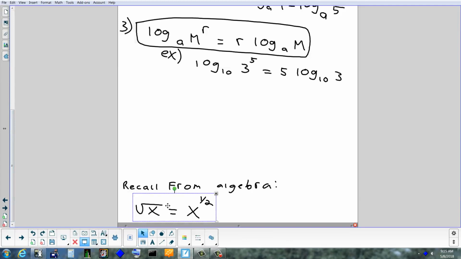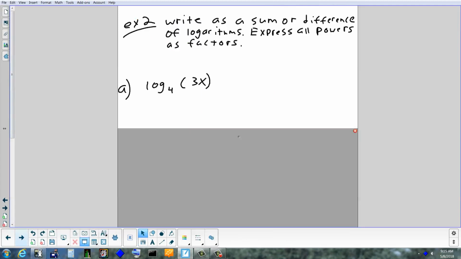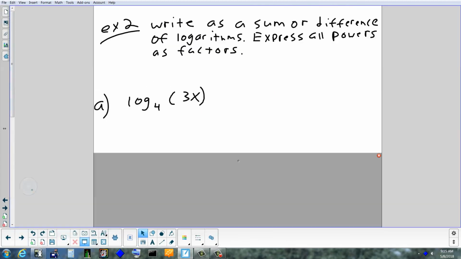All right, so let's look at a few examples. Okay, so the directions here say to write as a sum or difference. So what it's basically asking you to do is split it apart. And it says express powers as factors. That's the exact wording you're going to see on the test.